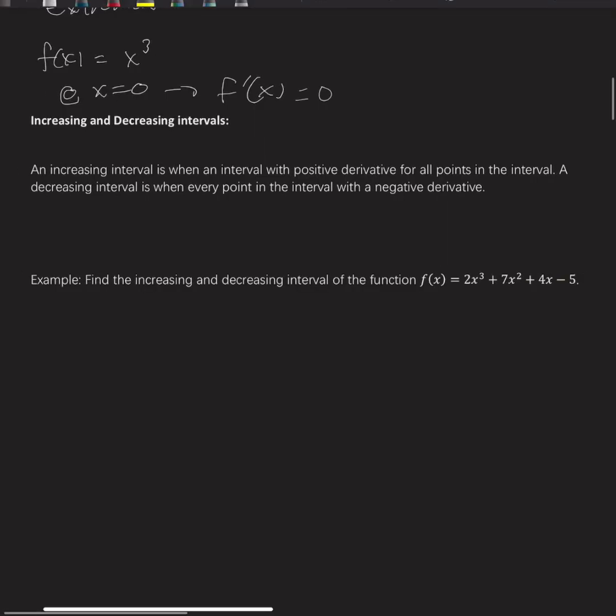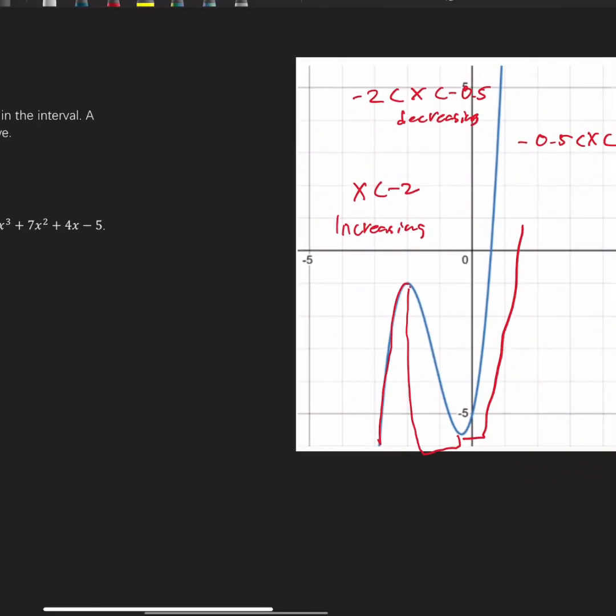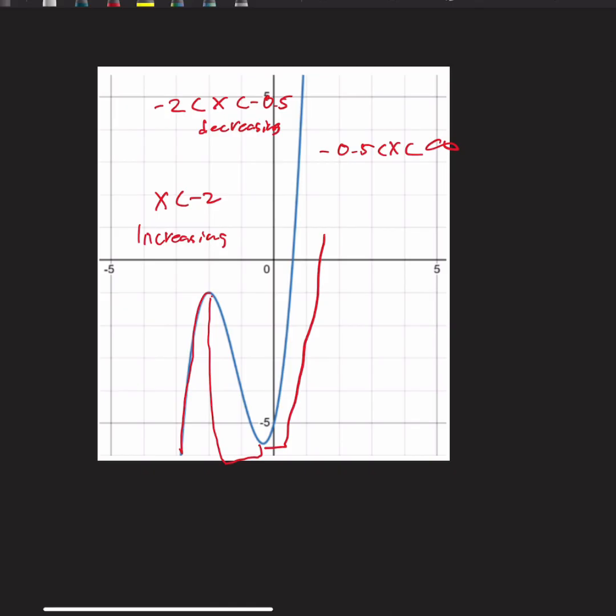So let's take the derivative of this function. So f prime of x is equal to 6x squared plus 14x plus 4. And what we're going to do is find all the turning points, which means that we are finding the critical points.